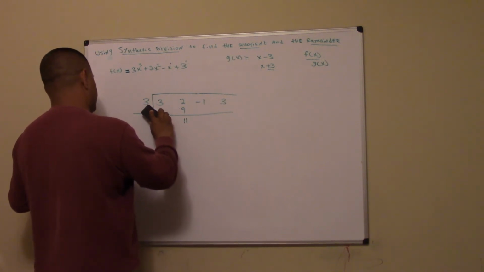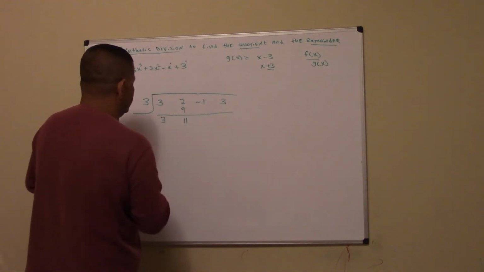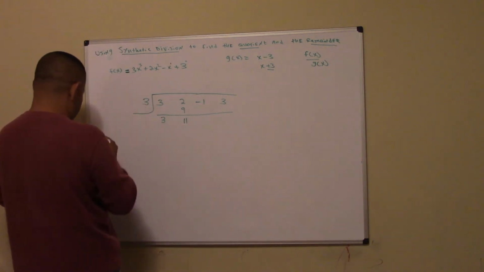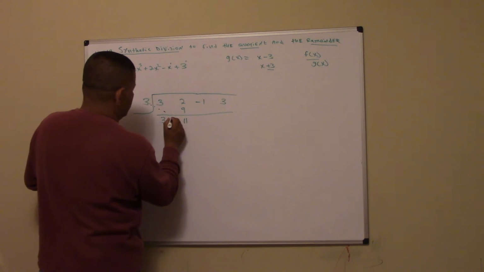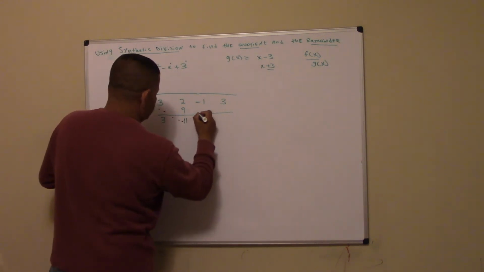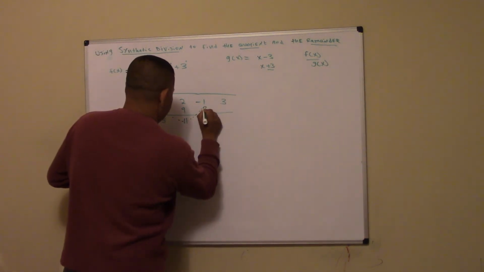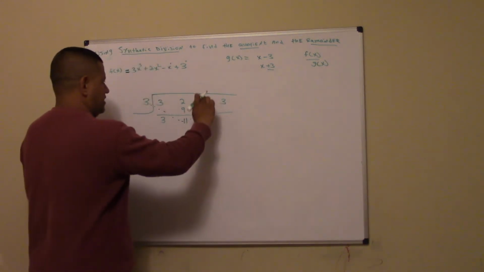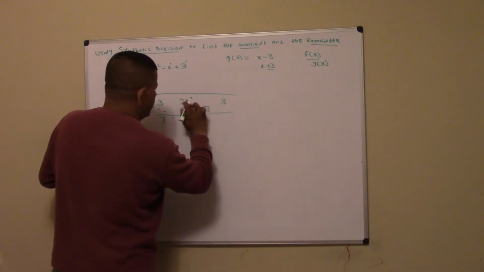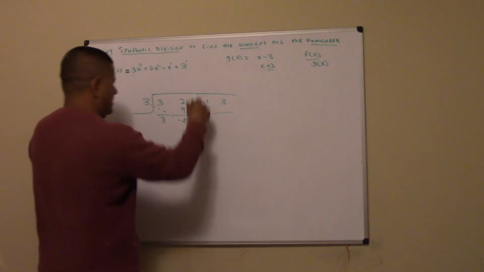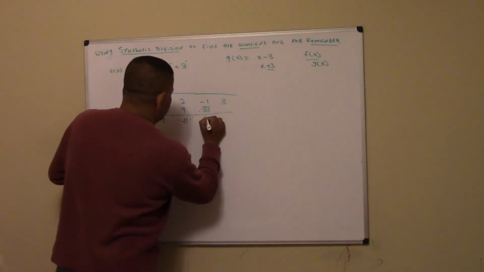Then I do 11 times 3, and this becomes 33. Okay, so 33, and I add: positive 33 plus -1 is 32.